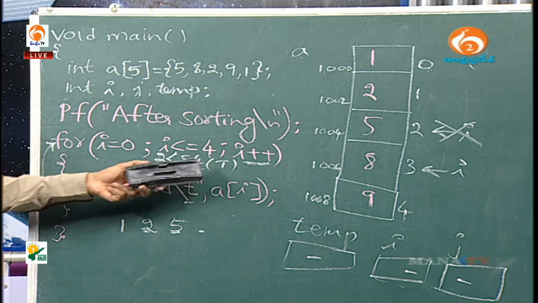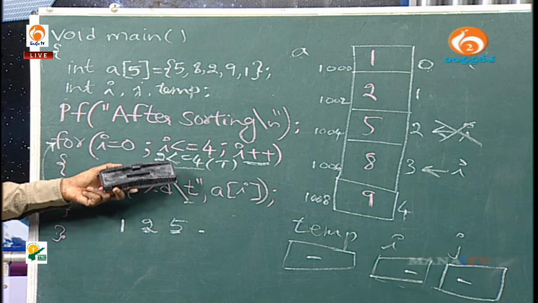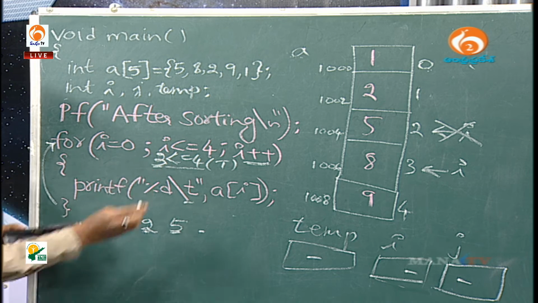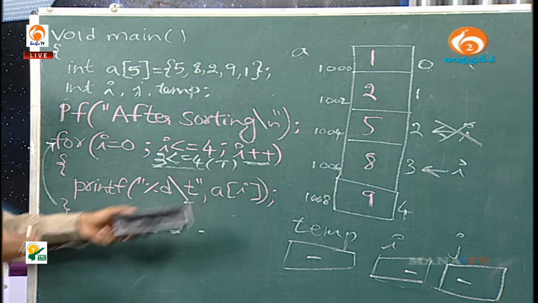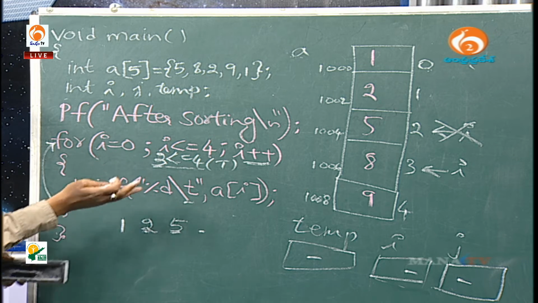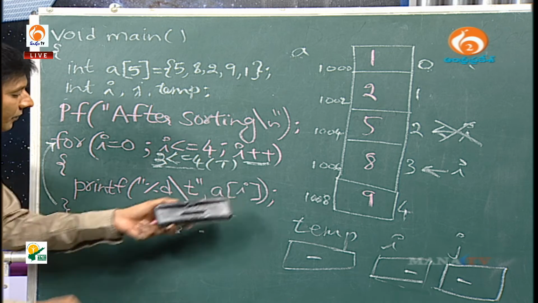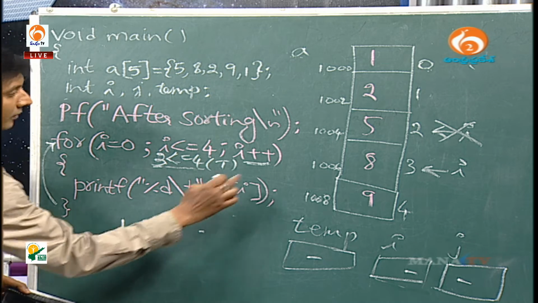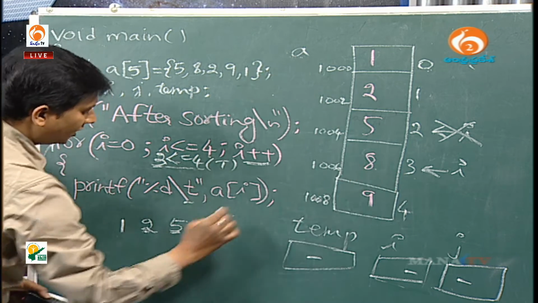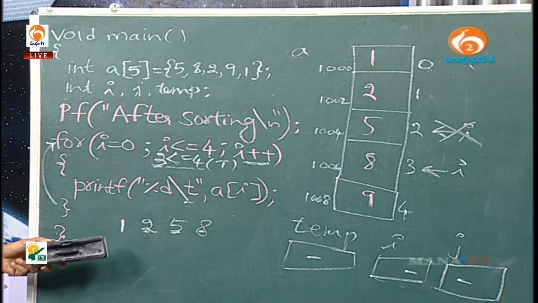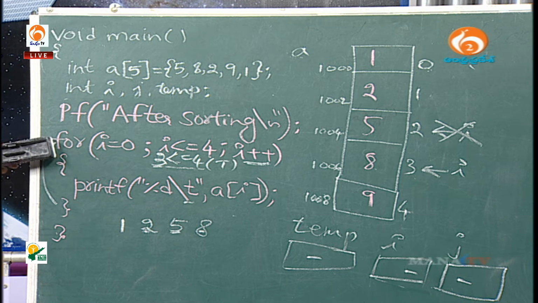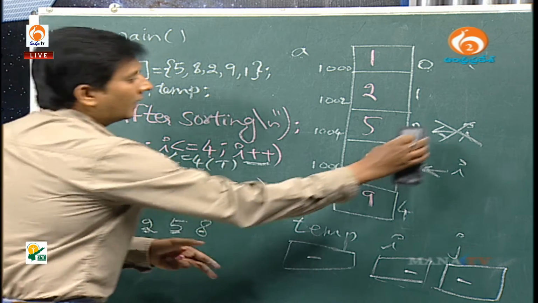Next, now the condition is checked, 3 less than or equal to 4, which is true. Next, printf %d a of 3, I means 3, right? A of 3, that is 8. Next iteration I plus plus, I is incremented by 1.